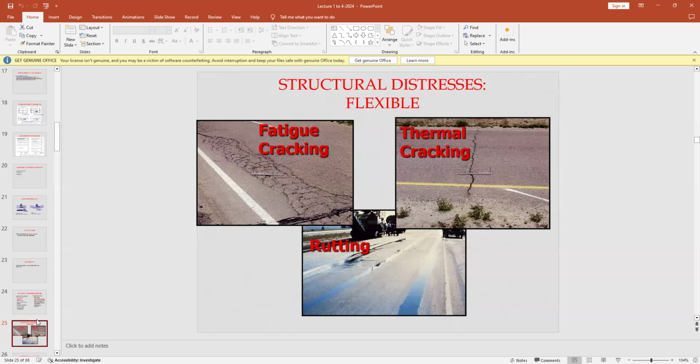To the best of my knowledge, these issues in the world are still there. It's not only related to developed countries or underdeveloped countries. Even in the US, they are still not able to comprehend this fatigue cracking and thermal cracking, even though they control loads very well.